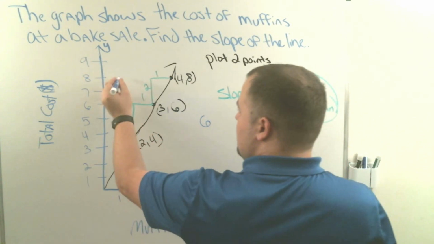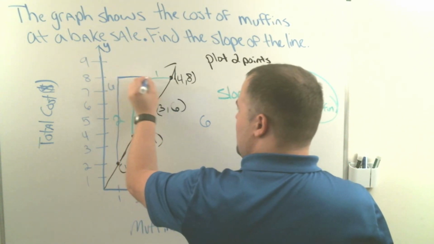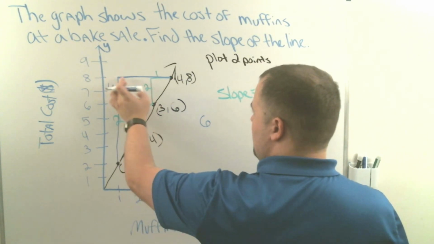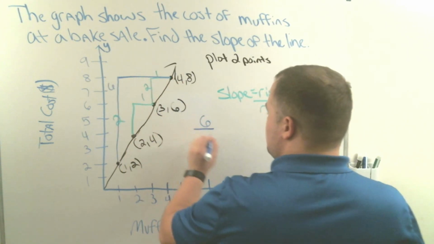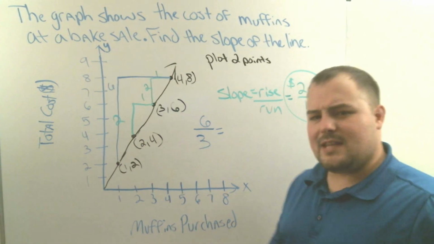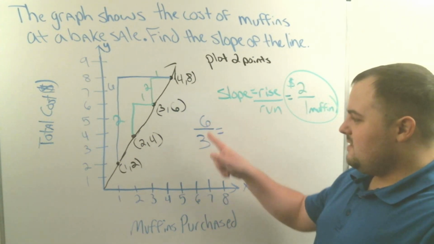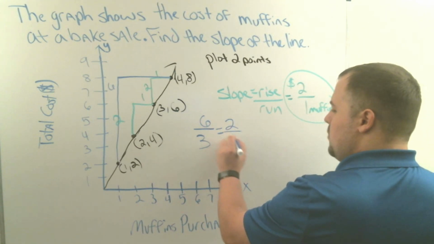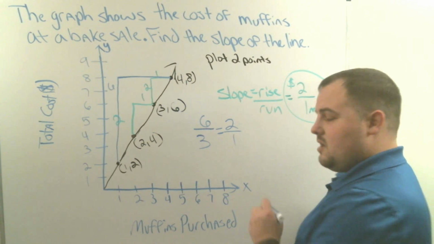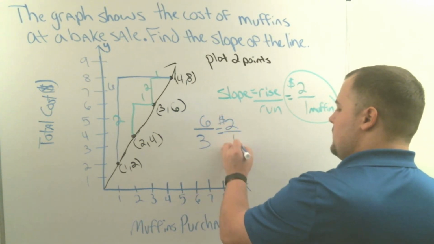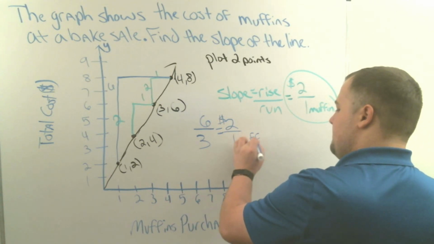And then how much do I go over from 1 to 4? So that's a rise of 6 and a run of 3. And you might be saying, that's a different slope. But 6 divided by 3 equals 2, and we can always put a 1 under it to make that a fraction. So this means that it's still a slope of $2 for one muffin.